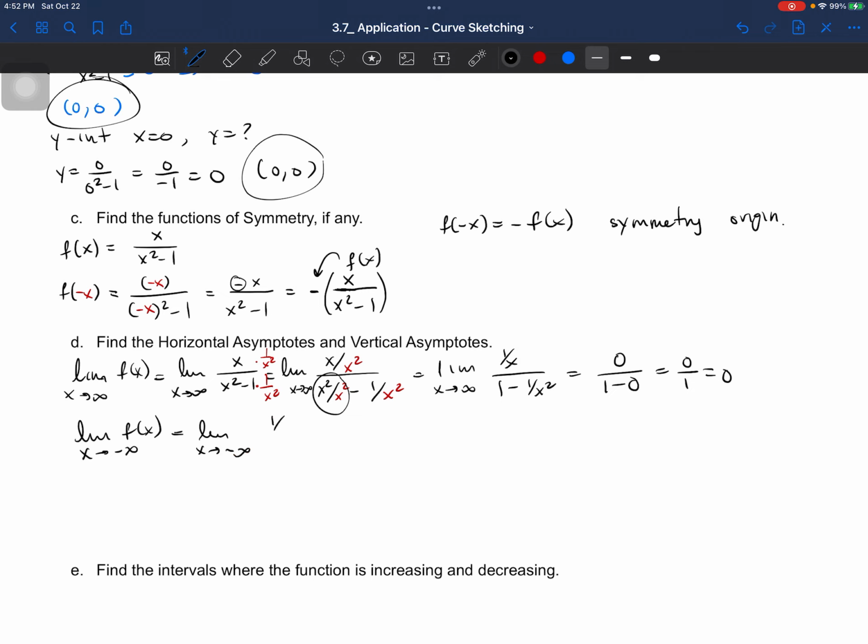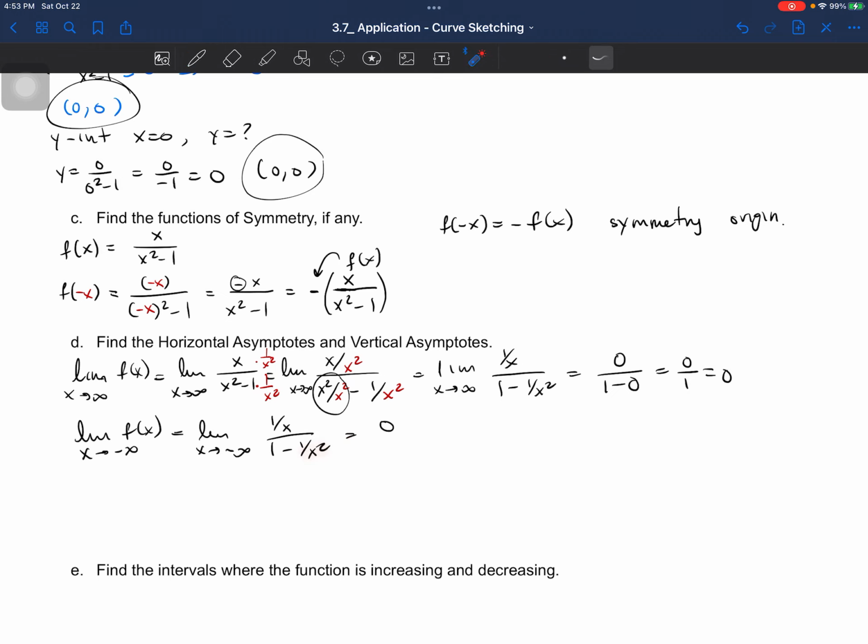With a similar argument, we're going to say that the limit of f of x as x goes to negative infinity is going to be the limit as x goes to negative infinity, 1 over x over 1 minus 1 over x squared. As x goes to negative infinity, this is going down to negative infinity.